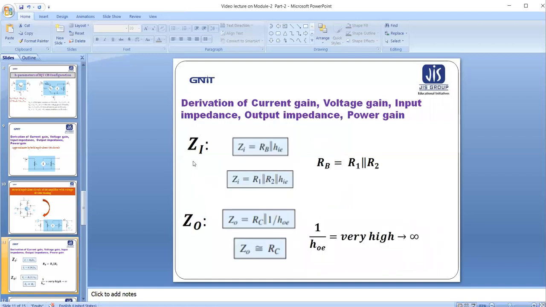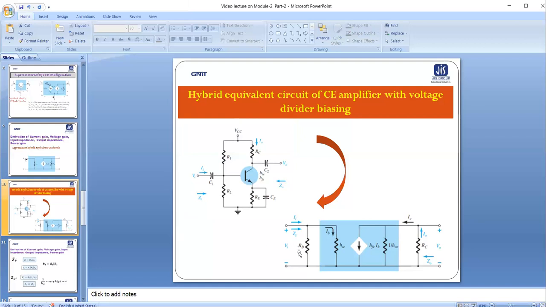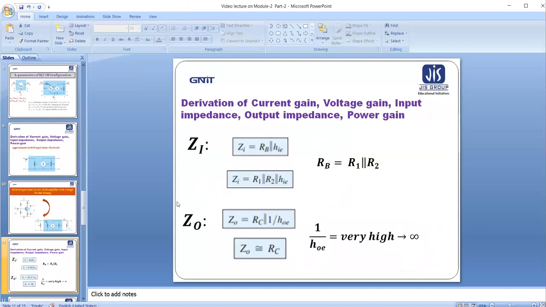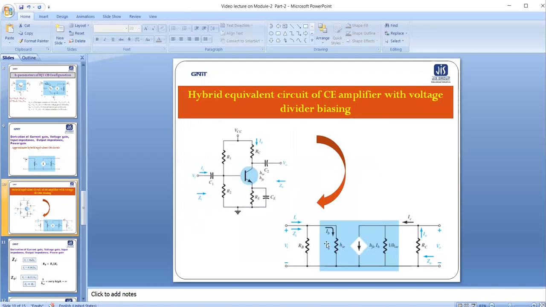Next, Zi. If you look into Zi, it is the input impedance, it is nothing but RB parallel HIE, and RB is equal to R1 parallel R2. So therefore Zi equals R1 parallel R2 parallel HIE. Similarly, Zo. If we are seeing Zo, Zo means this resistance. So what we are seeing is a parallel combination of RC parallel 1 by HOE.